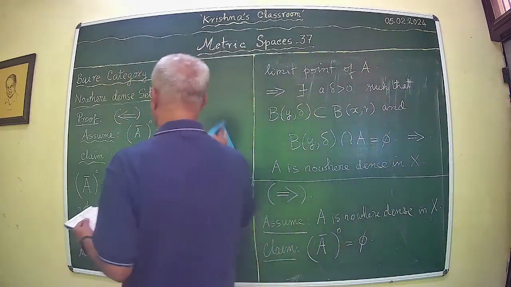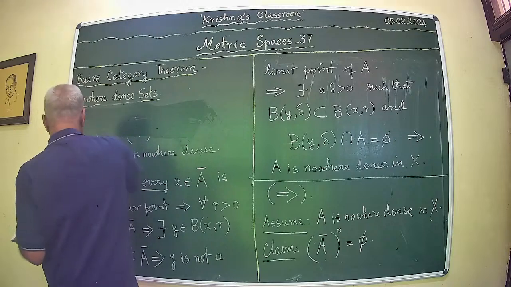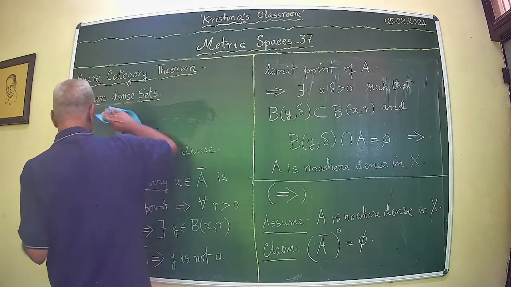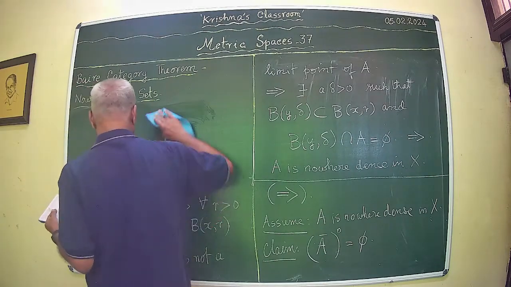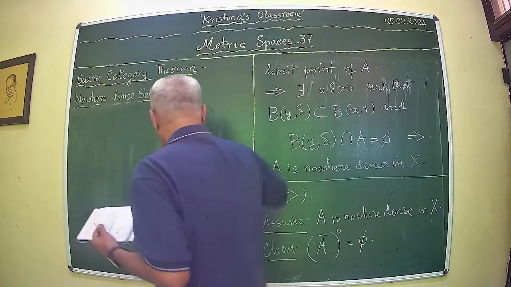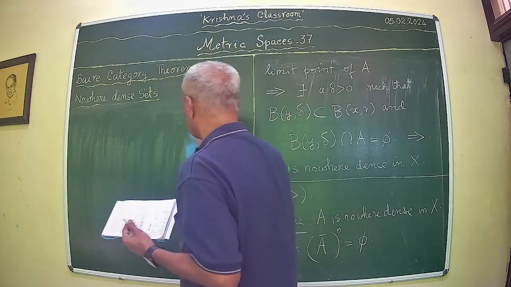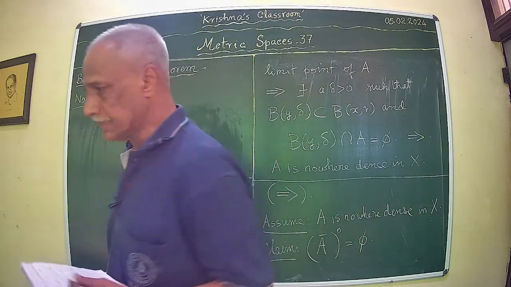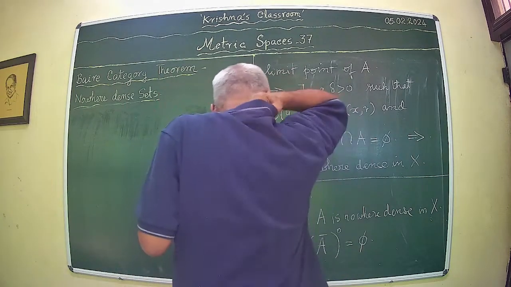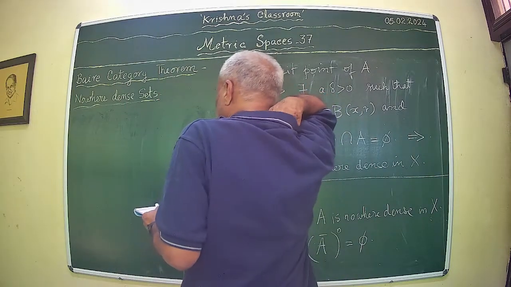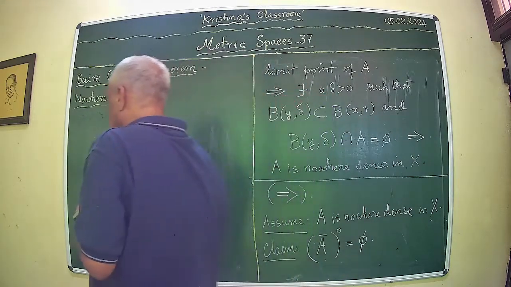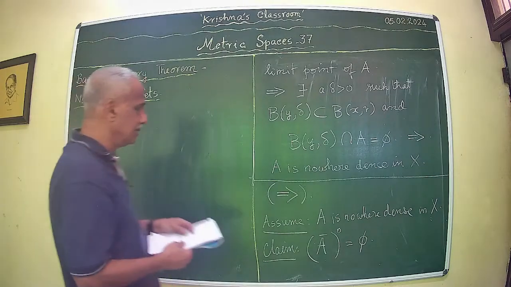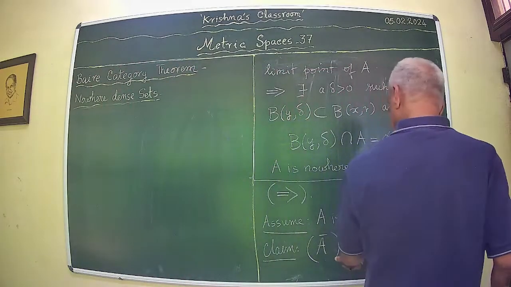Now what one does is we use the contrapositive. So just briefly recall, suppose you want to prove P implies Q. A property implies this.